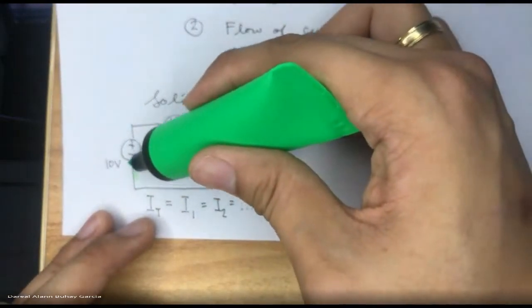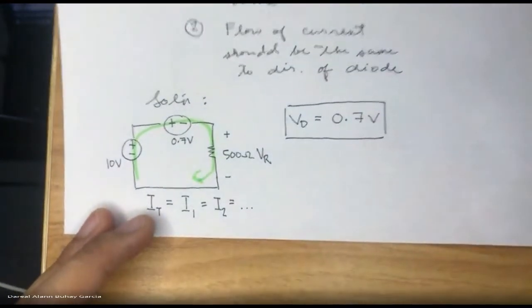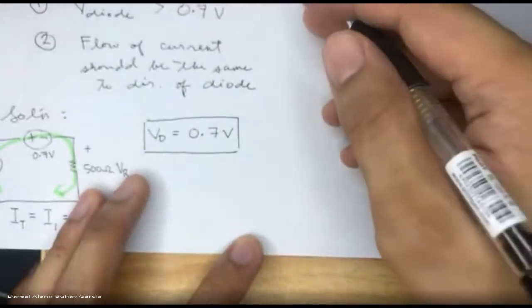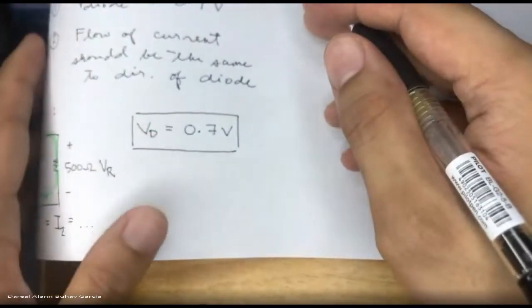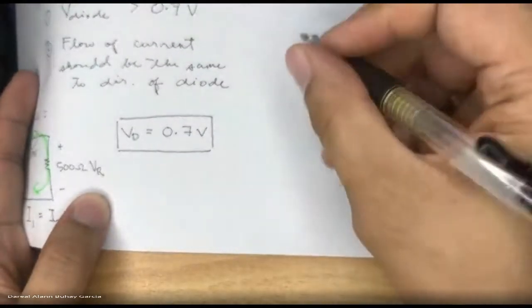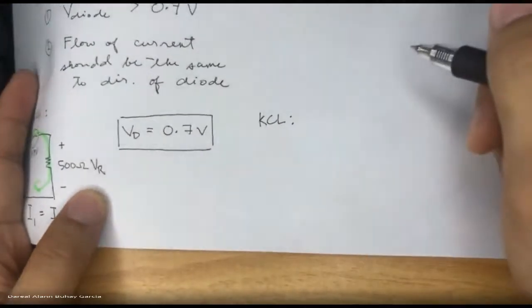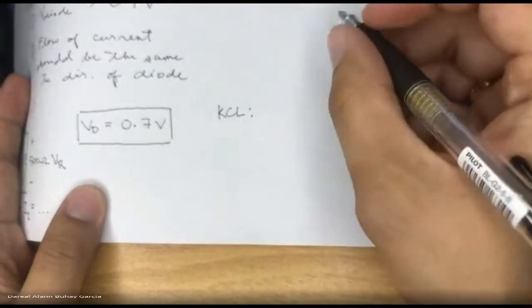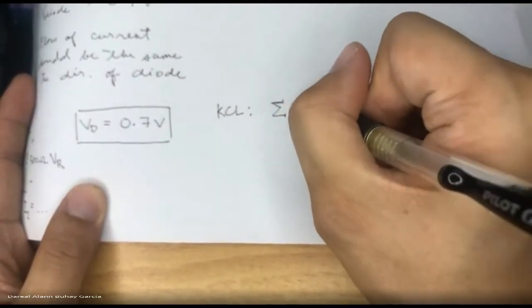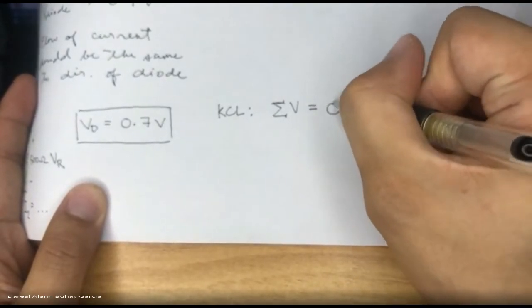Mag-loops ako, okay? Loop in that direction. According to Kirchhoff's law, the summation of voltages sa isa ka loop will always be equal to 0.